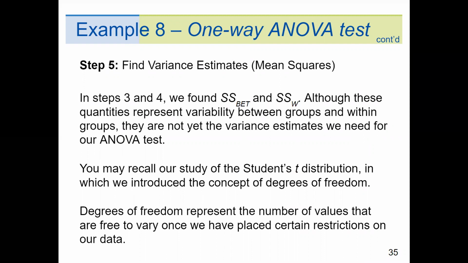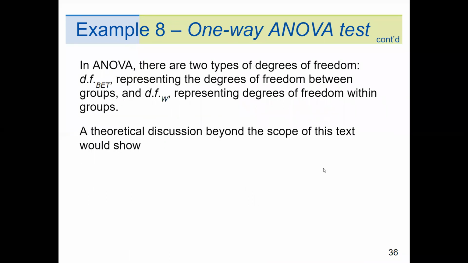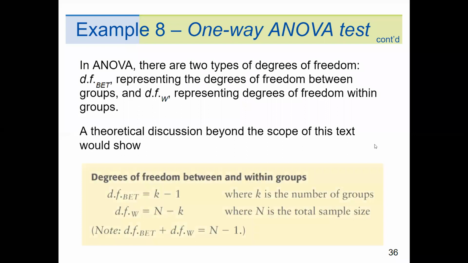Degrees of freedom represent the number of values that are free to vary once we have placed certain restrictions on our data. In ANOVA, there are two different types of degrees of freedom. Degrees of freedom BET representing degrees of freedom between the groups, and degrees of freedom W representing the degrees of freedom within the groups. A theoretical discussion beyond the scope of this text would show.